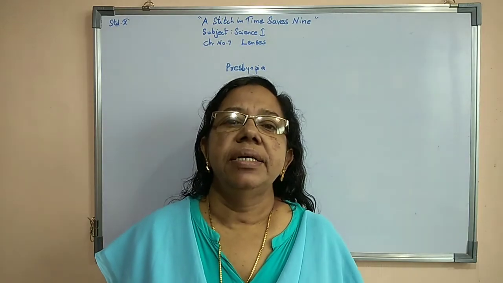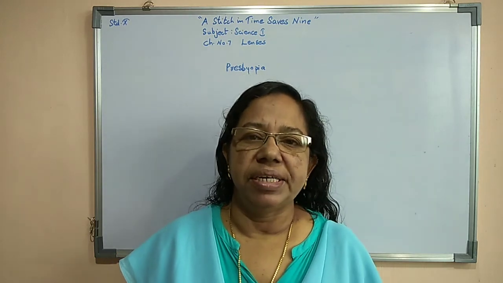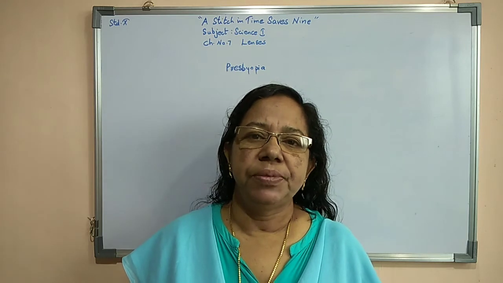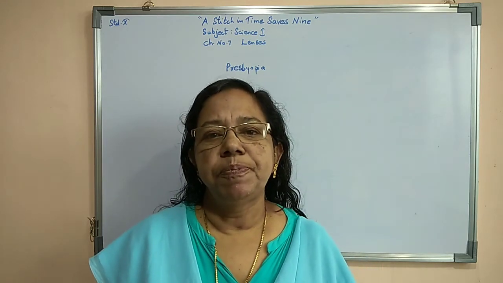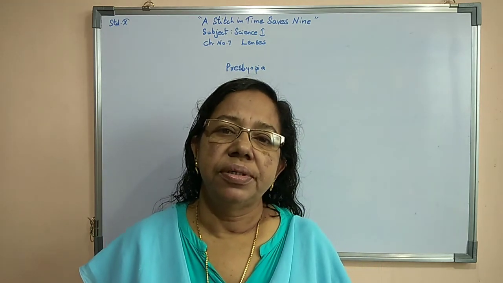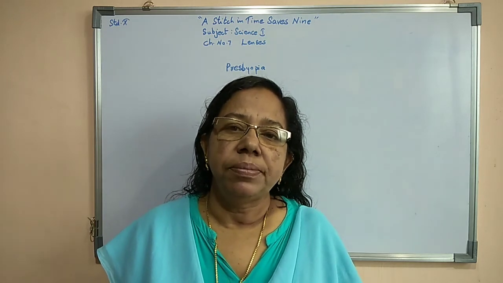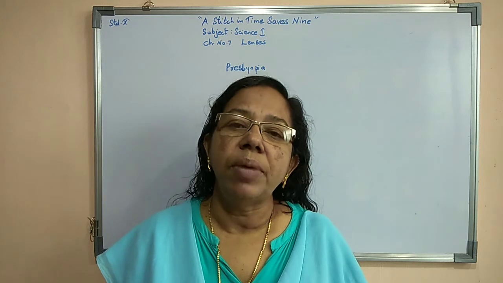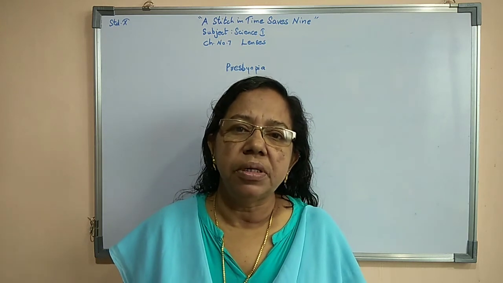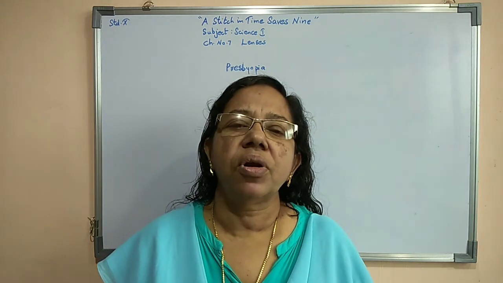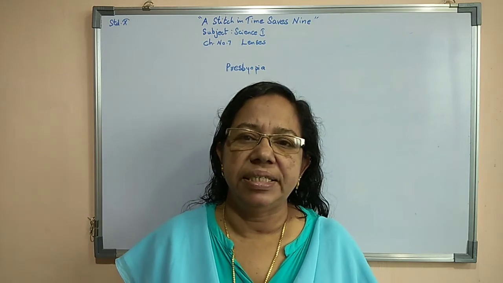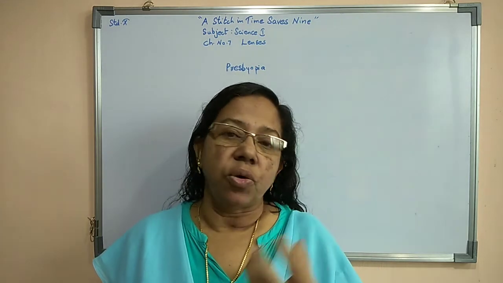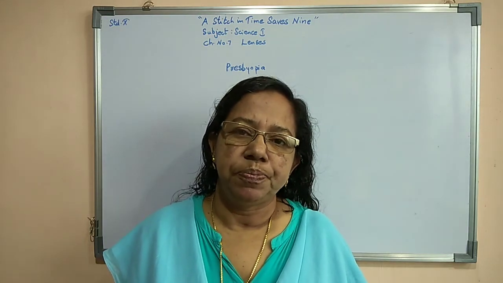Now we will study another type of eye defect, known as presbyopia. What is presbyopia? It is a kind of eye problem or eye defect that commonly occurs in people who cross 40 years of age. Why does such a problem occur?